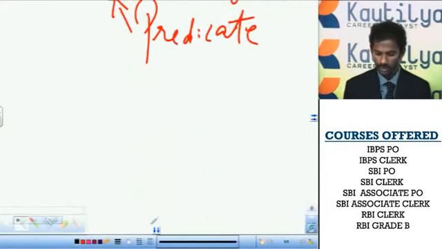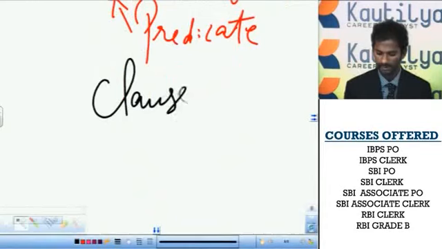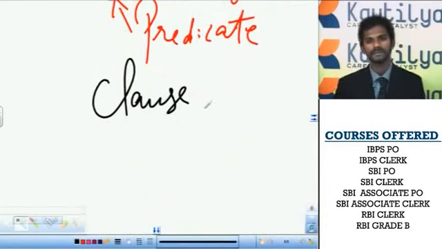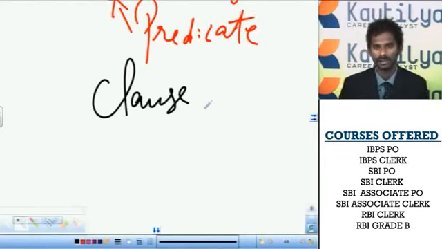Now come to a clause. A sentence will contain at least one clause. There will be at least one clause in each and every sentence. There may be 2 or 3 sometimes, but there will be at least one clause in each and every sentence.